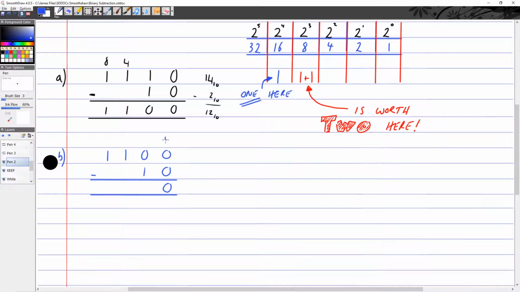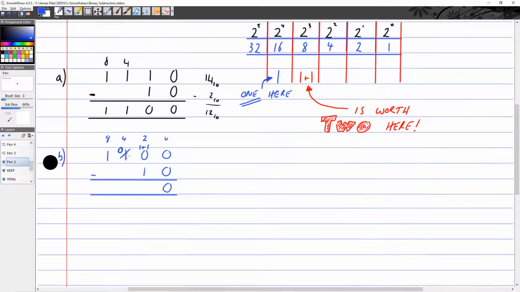And I'll just put the columns up because it's the first one where we're going to exchange. So instead of having a 0 here, we can change the 1 there, so we've got no 4s left. Change one of the 4s into 2 2s, because 4 is 2 lots of 2. But because we're not technically allowed to write the number 2 in binary, the new number on the top here I'm going to put as 1 plus 1.